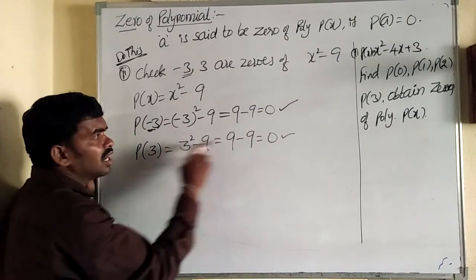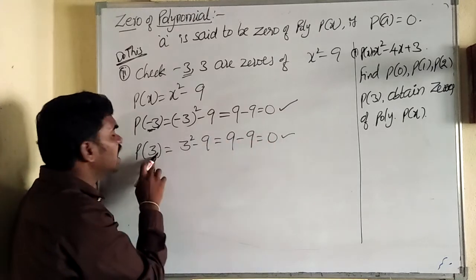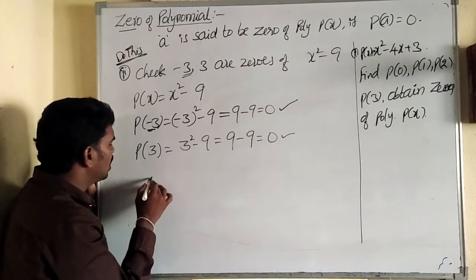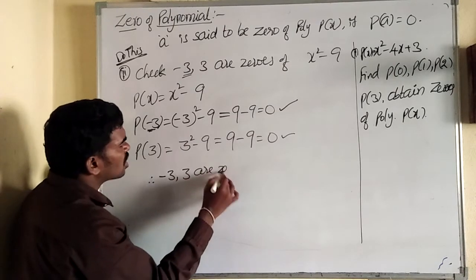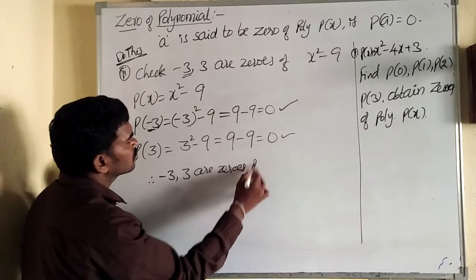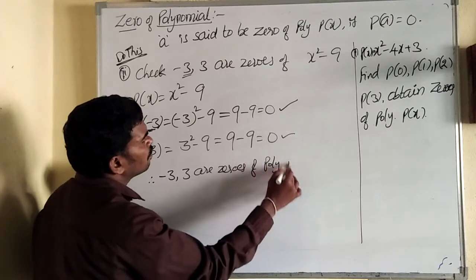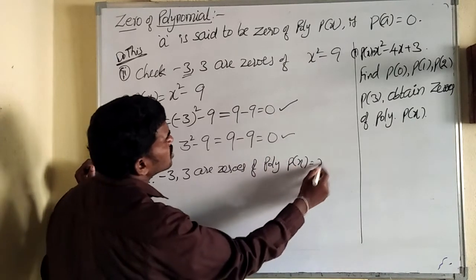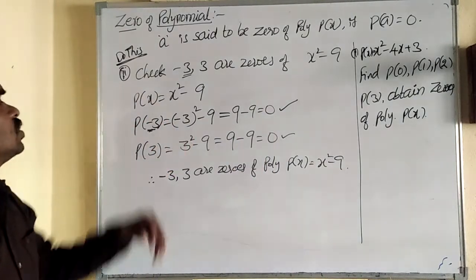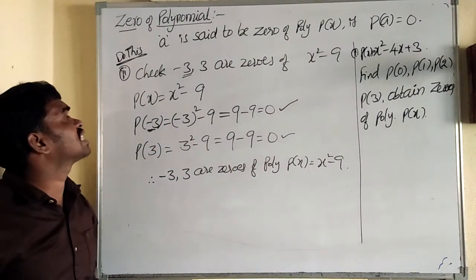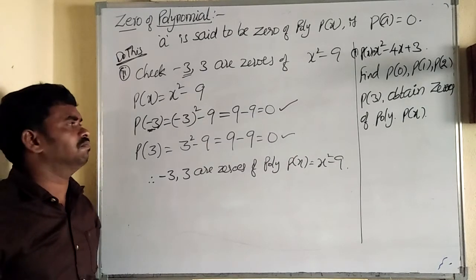Here 3 substituted, answer is 0. So 3 is a zero. Therefore minus 3 and 3 are zeros of the polynomial p of x equals x square minus 9. That's it. This is a do this. Let us see exercise 3.1.